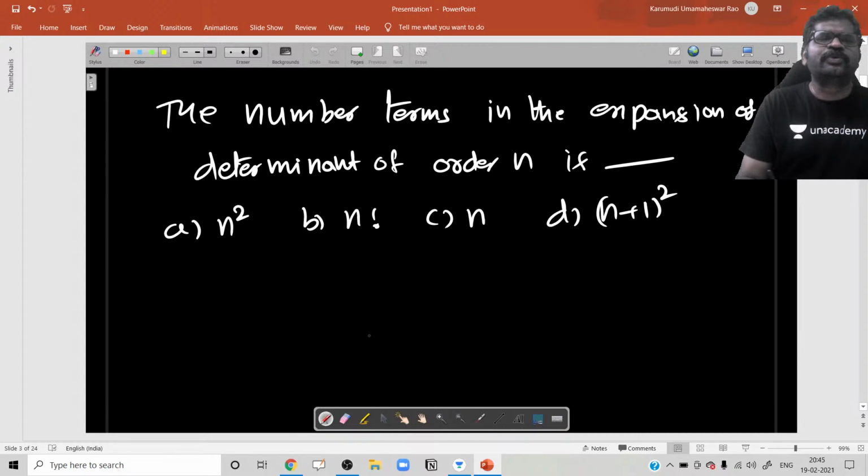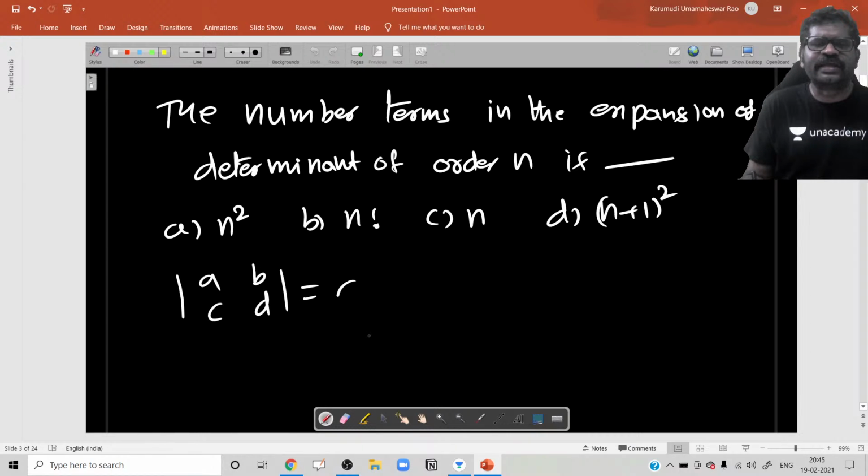Now suppose you take a 2 cross 2 determinant a b c d, the determinant value is given by ad minus bc. So 2 terms.